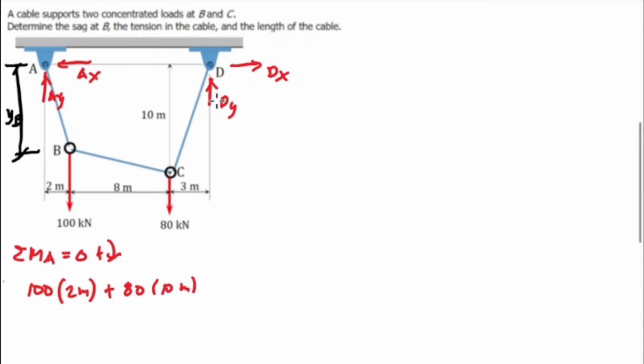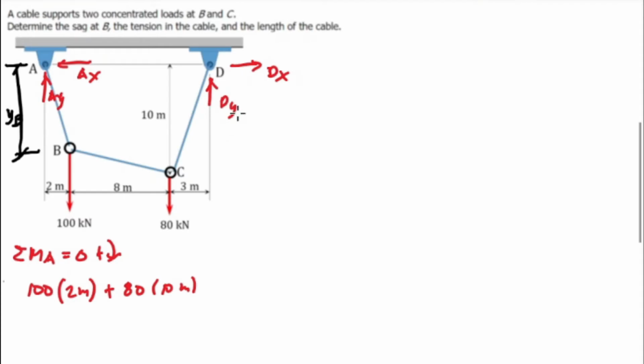Then at point D, we have D sub X, and the distance is 0 because point A and point D are at the same level. So D sub X times 0 is also equal to 0.